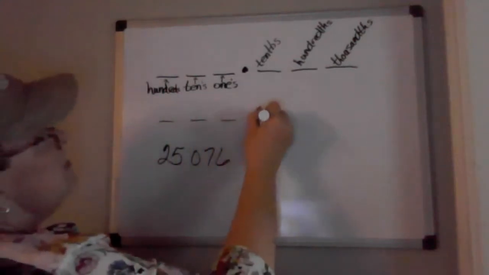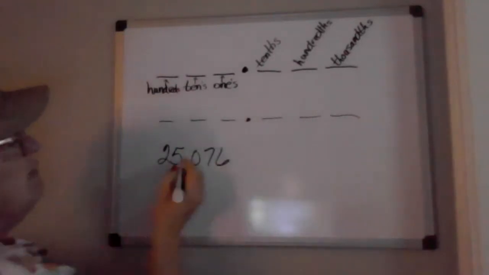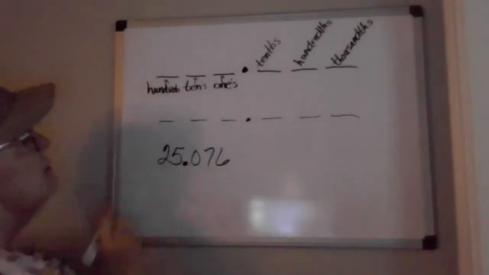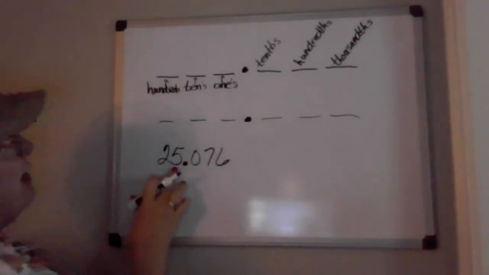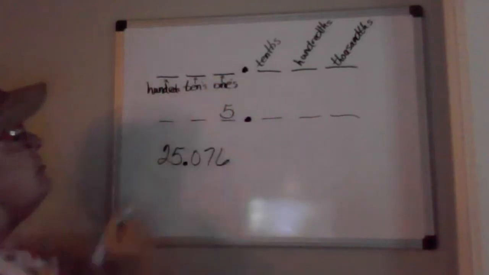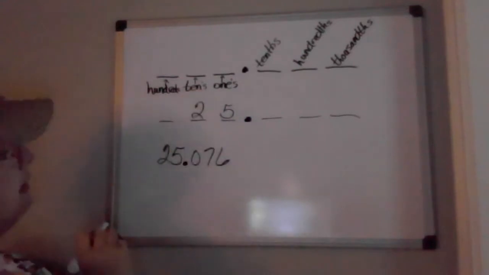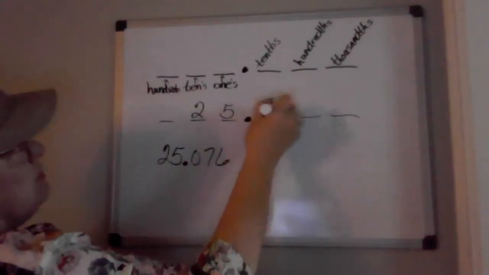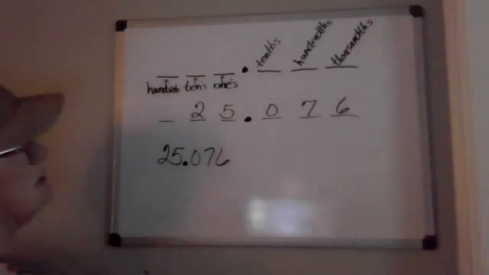They have boxes for you to put the numbers in. The easiest thing is, look where the decimal is. So the 5 is going to go in the ones place, and you might say that to yourself. 5 is in the ones place, 2 is in the tens place, 0 is the tenths, 7 the hundredths, 6 the thousandths.